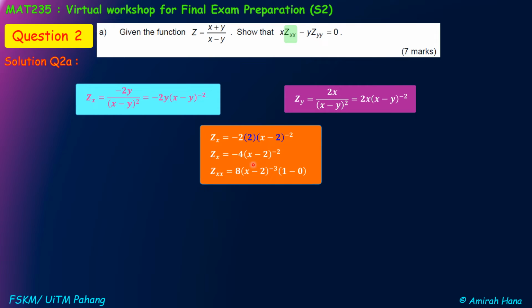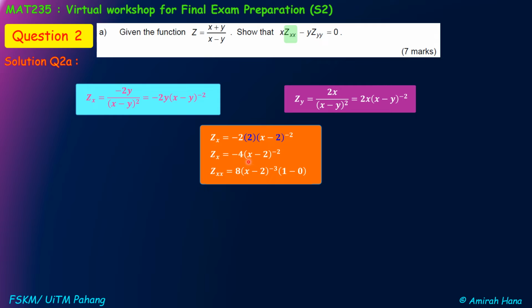When we use the generalized power rule, we multiply the power by the constant in front. So we have negative 2 times negative 4 equals 8. Then we copy the function in the bracket and reduce the power by 1, so negative 2 minus 1 equals negative 3. And don't forget to multiply by the derivative of the function in the bracket.